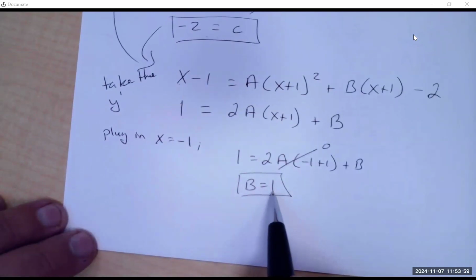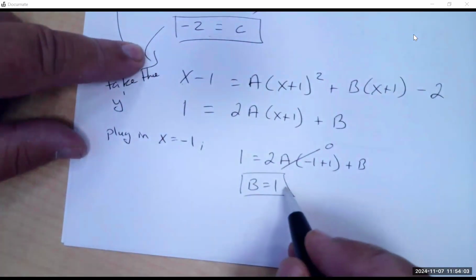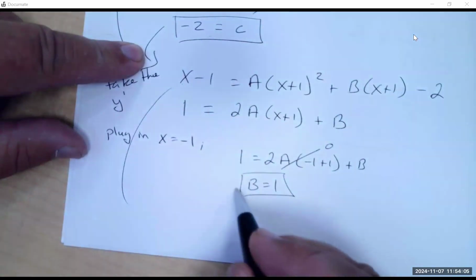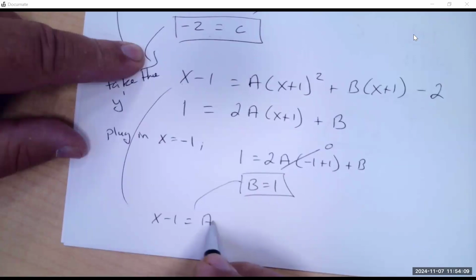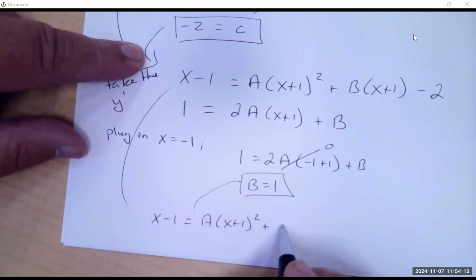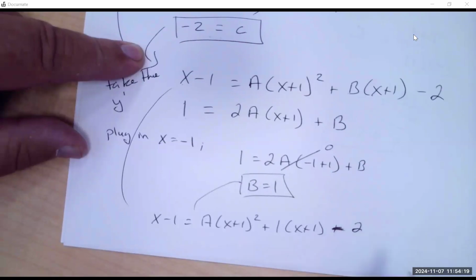Now, since we know what b is equal to, we plug it into this one. So we have x minus 1 equals a times x plus 1 squared plus 1 times x plus 1 minus 2.